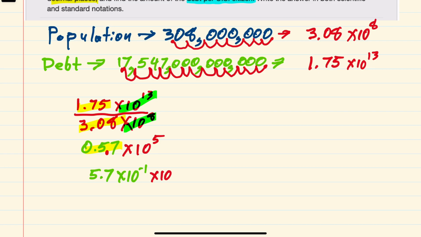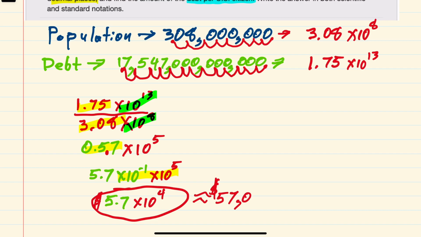And then bringing down that times 10 to the 5th, we can see that we can combine times 10 to the negative 1 times 10 to the 5th, keeping the base and adding the exponents, would be 10 to the 4th. So this would be our debt per person in scientific notation, which is $57,000 in standard notation.